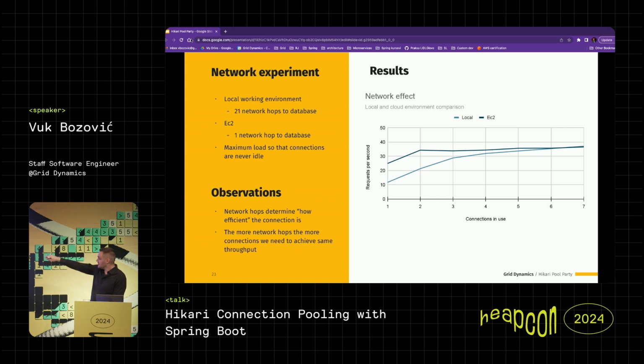And you can see as the number of connections grow, the throughput of the application in the cloud does not really change that much, while my bedroom case manages only to catch up at 6. So network latency is something that impacts how efficient connections are. You can look at it that way. So this is one case where increasing the amount of connections is actually solving a problem.